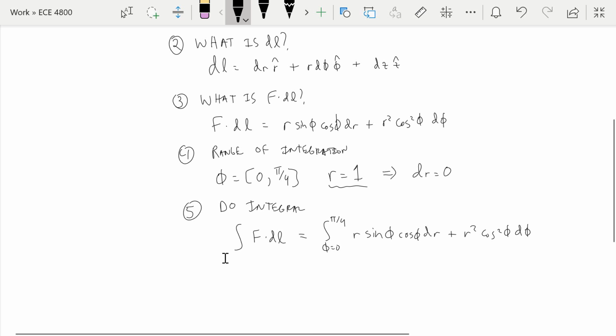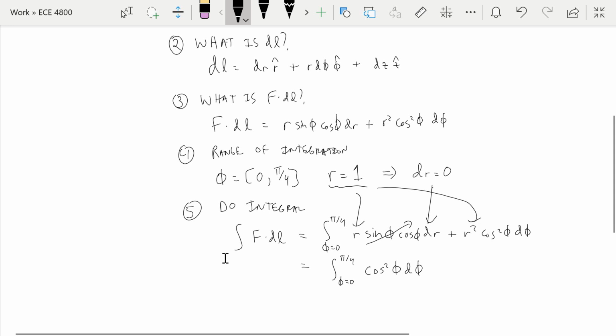When we take r equals 1 and dr equals 0 and substitute that in here, our equations simplify more. Since dr is 0, this term just goes away completely, and we're left with just the second term. Substituting r equals 1, we're left with the integral from phi equals 0 to pi over 4 of 1 squared times cosine squared of phi d phi. So we're just left with cosine squared of phi d phi here.